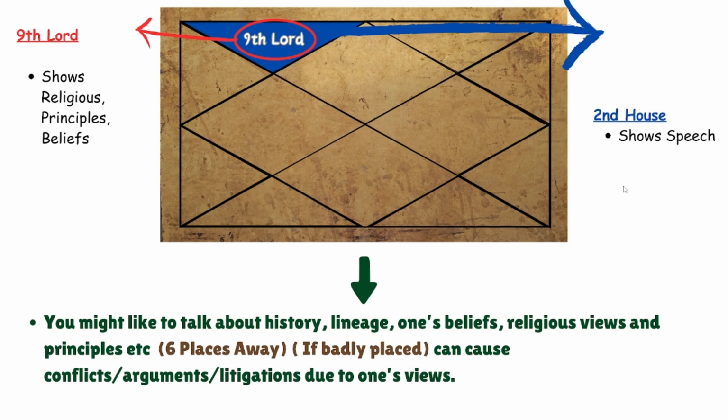Basically what we are trying to understand here is the essence. Which planet it is, based on that we will understand what historical things you like to talk about. Okay, you want to talk about the lineage, or belief system, the religious views, about the principles. Okay, you like to talk about all these things, but again, ninth lord is going 6 places away.